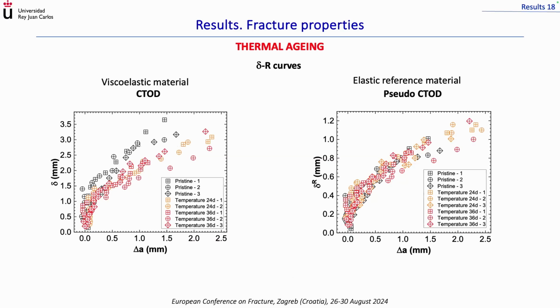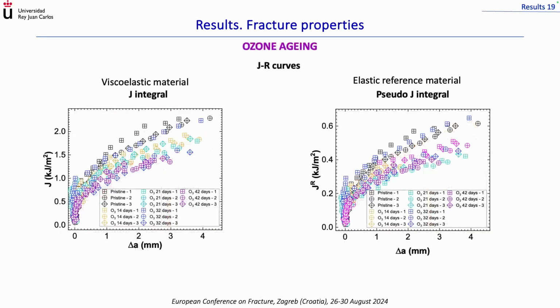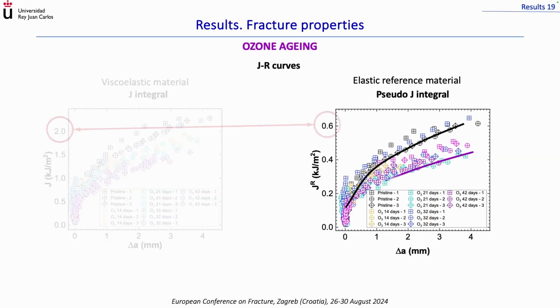The crack tip opening displacement is a measure of the deformations around the crack tip, and in thermally aged specimens, the resistance curves are below those of the pristine material, and the reason is that the matrix is less flexible. In ozone-aged specimens, again, a strong viscoelastic correction.